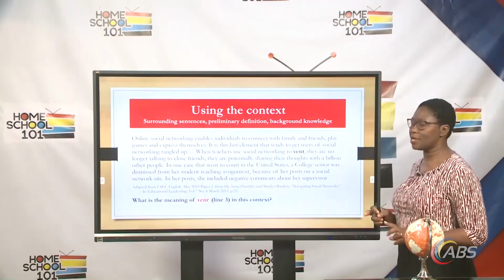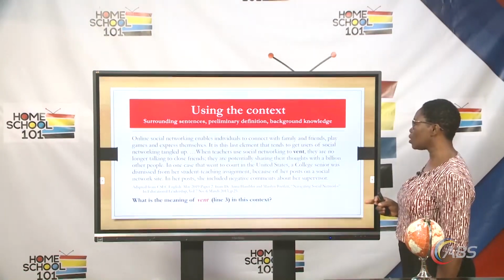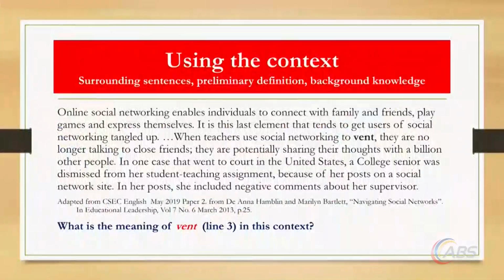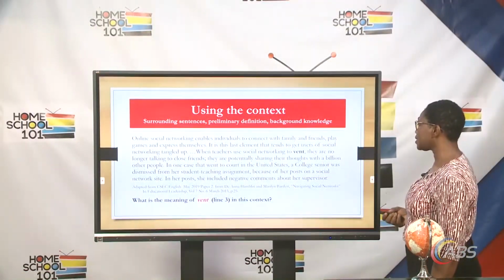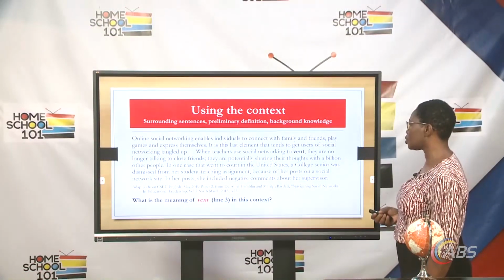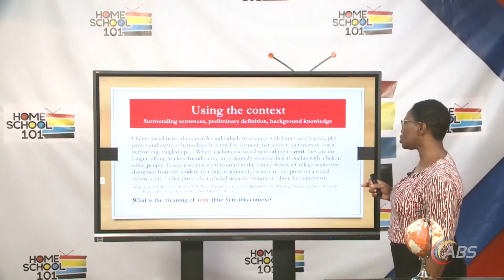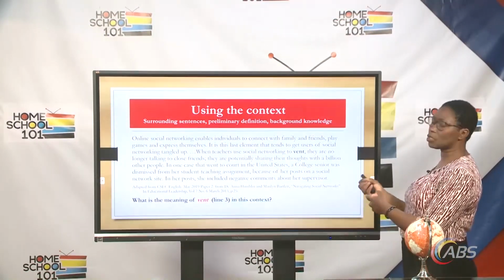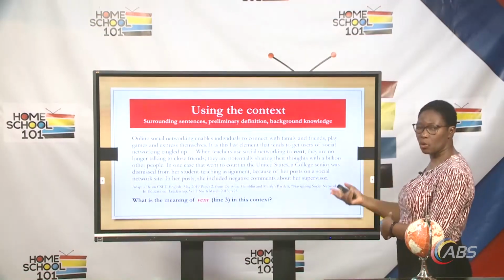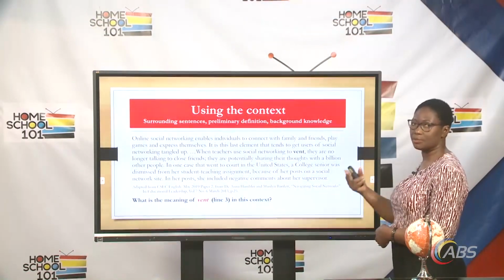That's the first sentence. The writer goes on to say it is this last element, and what's the last element there? Express themselves, because you have to connect what is said in this sentence to what was said in the previous sentence. It is this last element that tends to get users of social networking tangled up. When teachers use social networking to vent, so you continue with how people use social networking to express themselves.